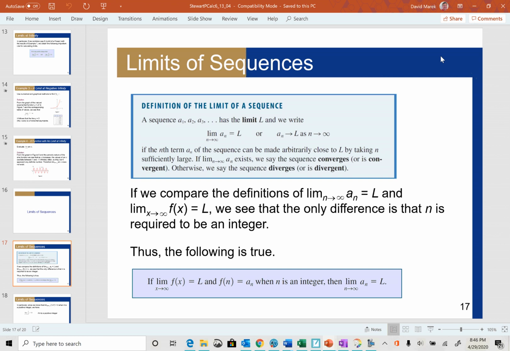All right, so let's go back to what we talked about with sequences. A sequence has a limit L if, as the number of terms heads towards infinity, the value of a term is equal to that limit.